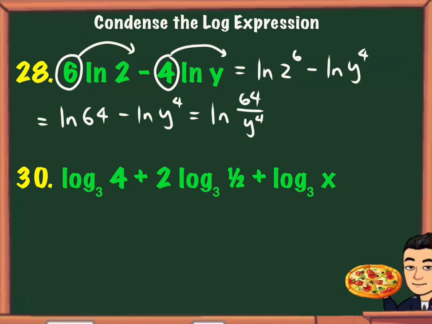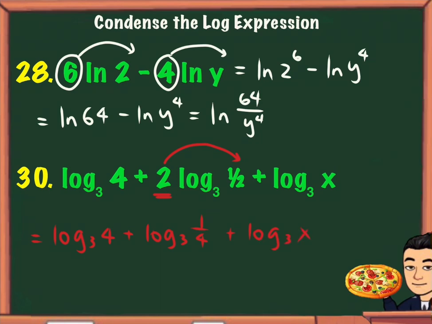So for number 30, you see that 2 is the only coefficient. We're going to have to apply the power property. So we can rewrite this as log base 3 of 4 plus log base 3 of 1/2 to the second power, and this is going to equal 1/4 plus log base 3 of x.